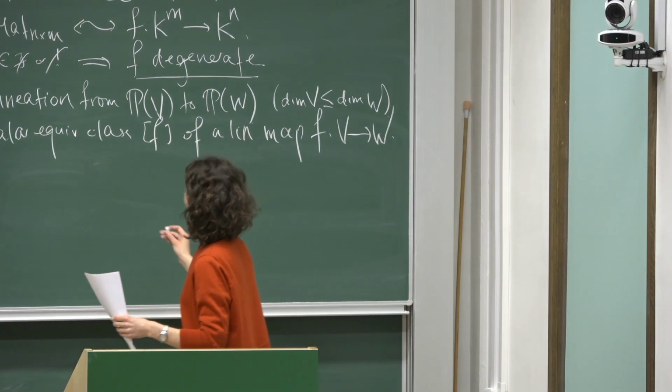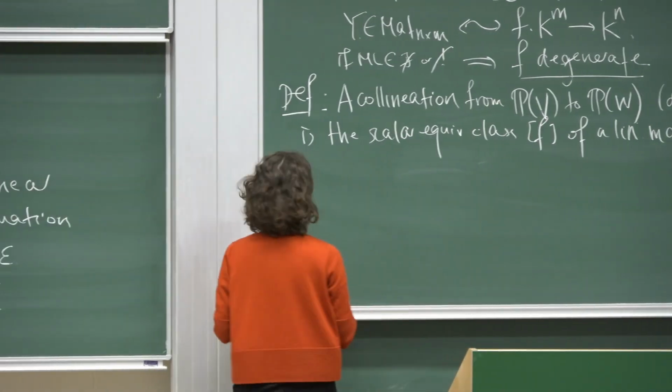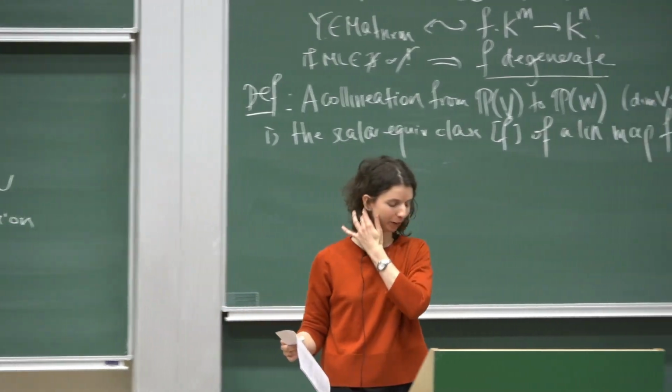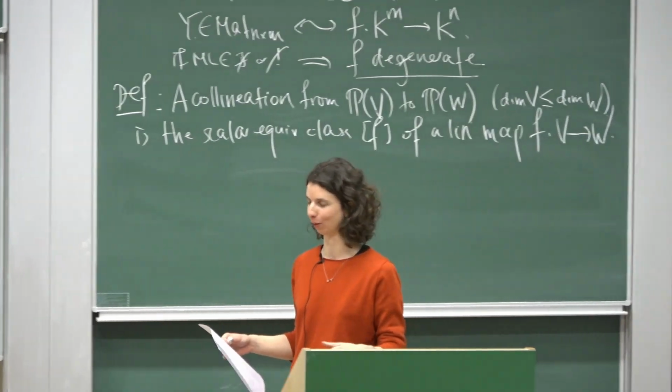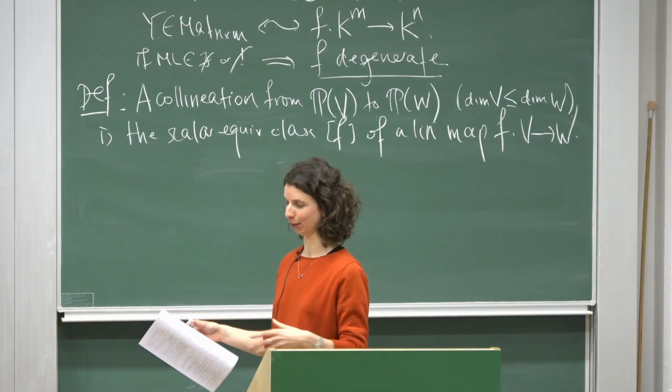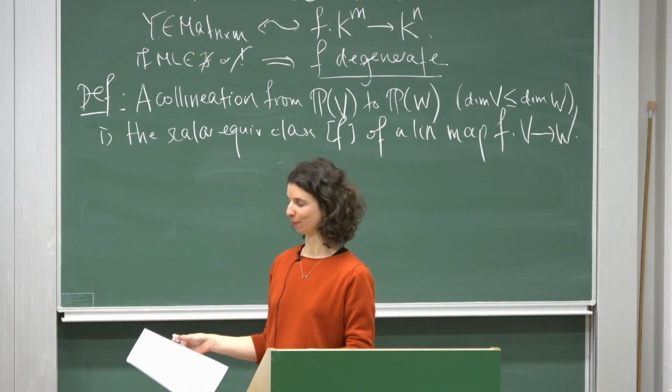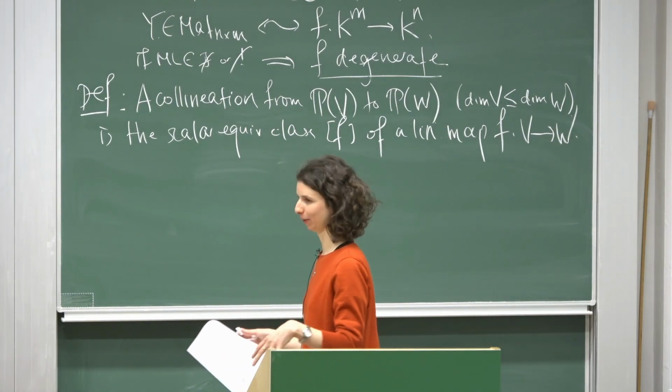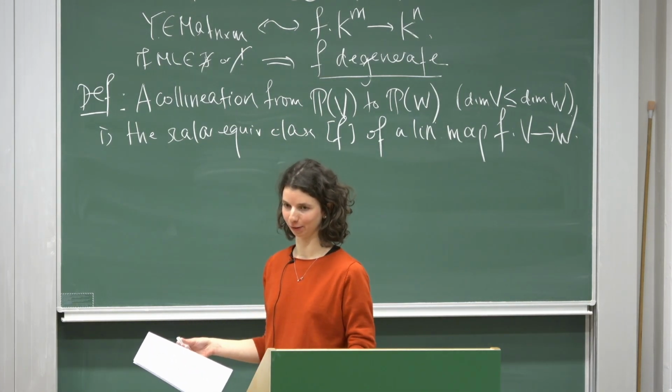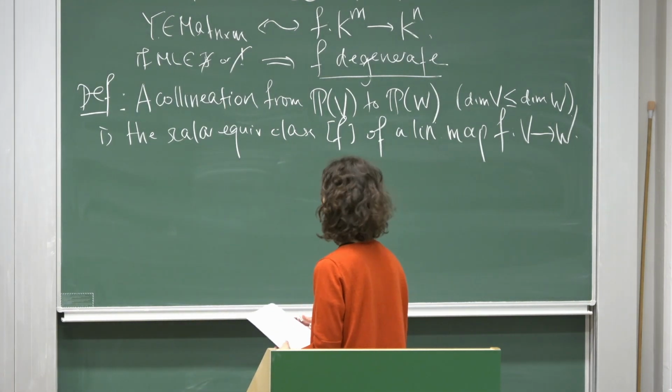Before, I'll define complete collineations in a kind of roundabout way. I'll first define a space that will be called the moduli space of complete collineations, and then a complete collineation, by definition, will just be an element of that space. And then I'll give a definition that's a bit easier to work with.